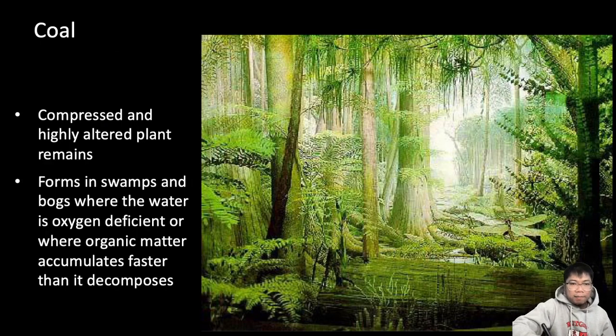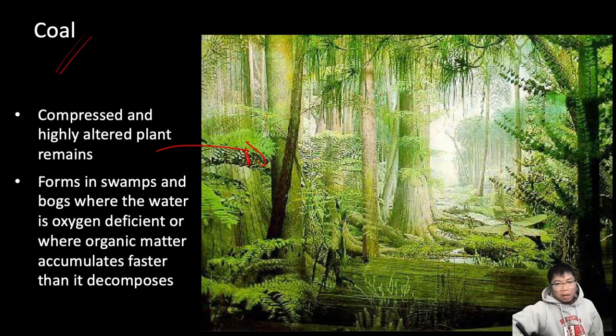And the last type of sedimentary rock that we're going to discuss in this video is coal. Coals are rocks that form due to compressed and highly altered plant remains. The environment that would create coals is typically this environment. Coal likes to form in swamps or bogs where the water lacks oxygen.